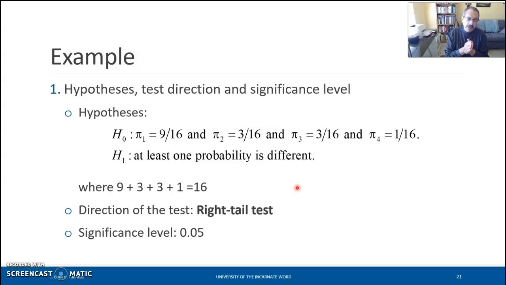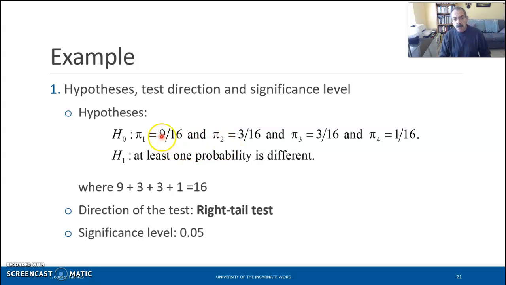that the probability of success of the first color is 9/16, and the probability of the second color is 3/16, and the third color is 3/16, and the green color is 1/16. And of course, the alternative hypothesis that at least one of these probabilities does not match the probabilities we're assuming.